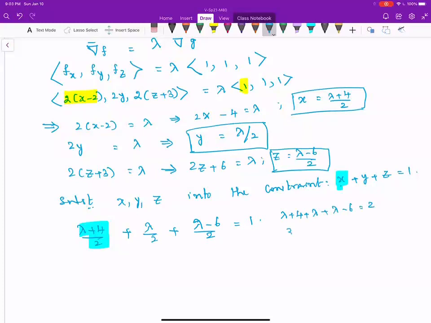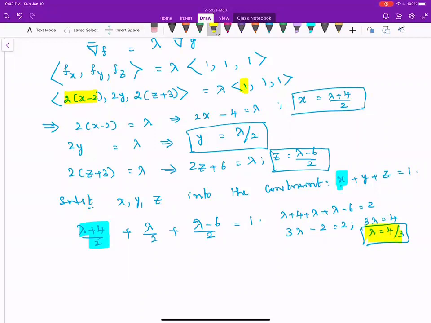So this will give 3 lambda minus 2 equal to 2, or 3 lambda equal to 4, or lambda equal to 4 divided by 3. So we got the value of lambda.